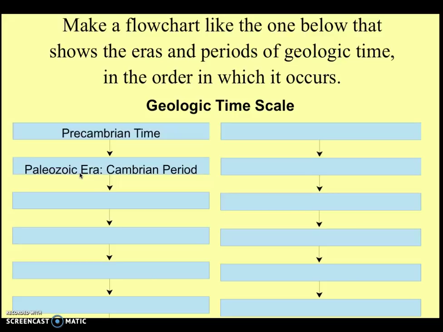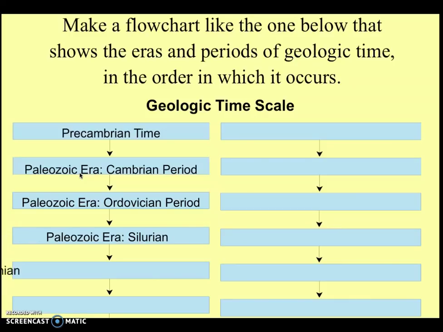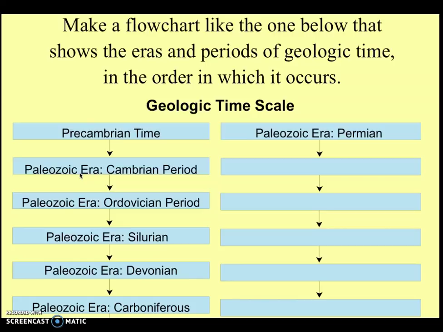And we're going to talk about some different things that happened in these different periods in the next couple notes. So for instance, we say the Cambrian explosion occurred in this period. All right, moving on, then you have the Ordovician period, the Silurian period, the Devonian period, the Carboniferous period, and the Permian period.